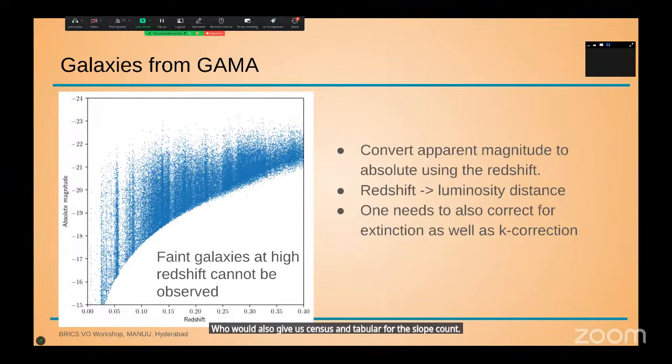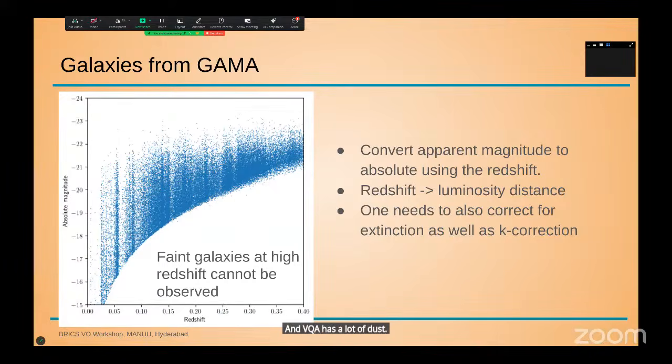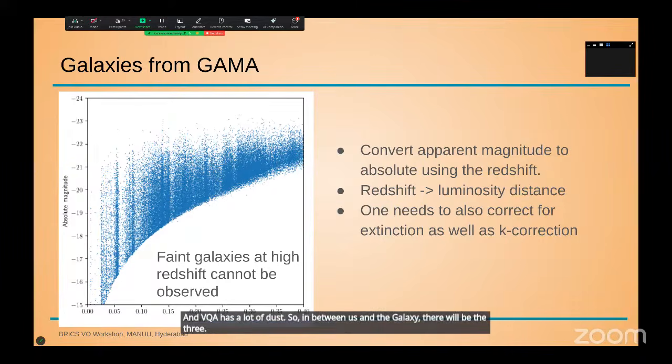Now there are 2 different problems that happen. One is that when the light from that galaxy reaches us, it is also traveling through the Milky Way, and the Milky Way has a lot of dust. So in between us and the galaxy there will be this dust field, and the light from that galaxy is going to get reddened and also scattered because of this dust.